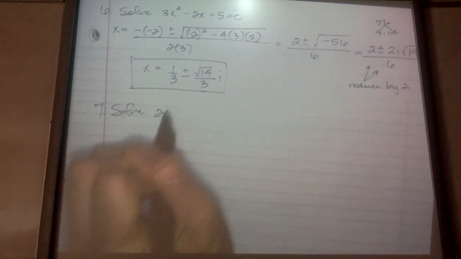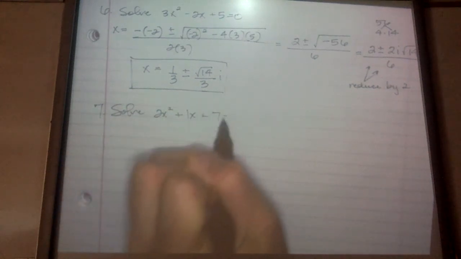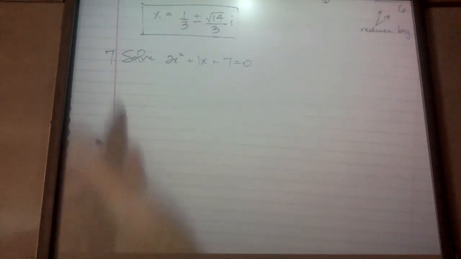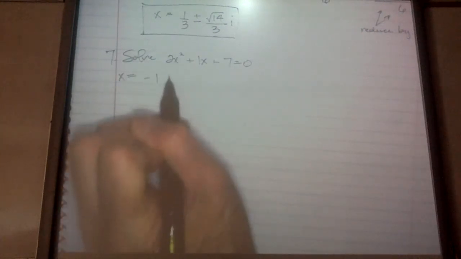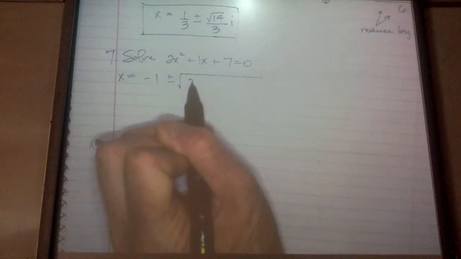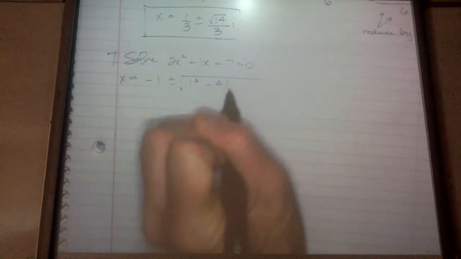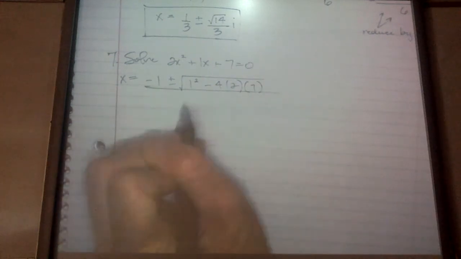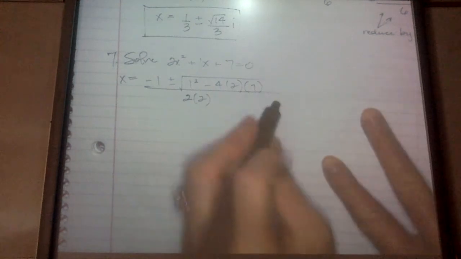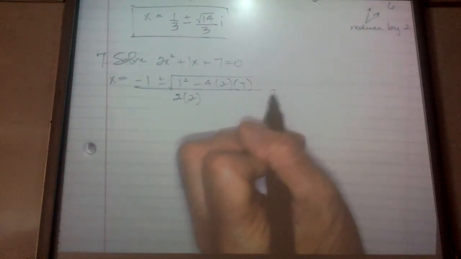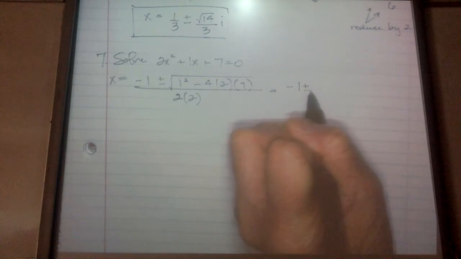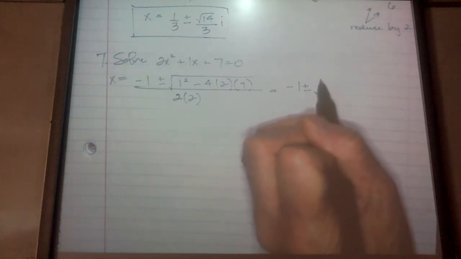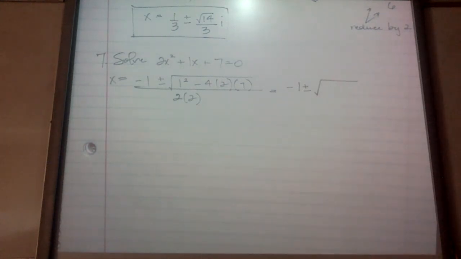Solve 2x squared plus 1x plus 7 equals 0. So x equals a negative b plus or minus the square root of b squared minus 4 times a times c all over 2 times a. We're going to simplify that. So negative 1 plus or minus the square root. And I got 1 minus 4 times 2 times 7.